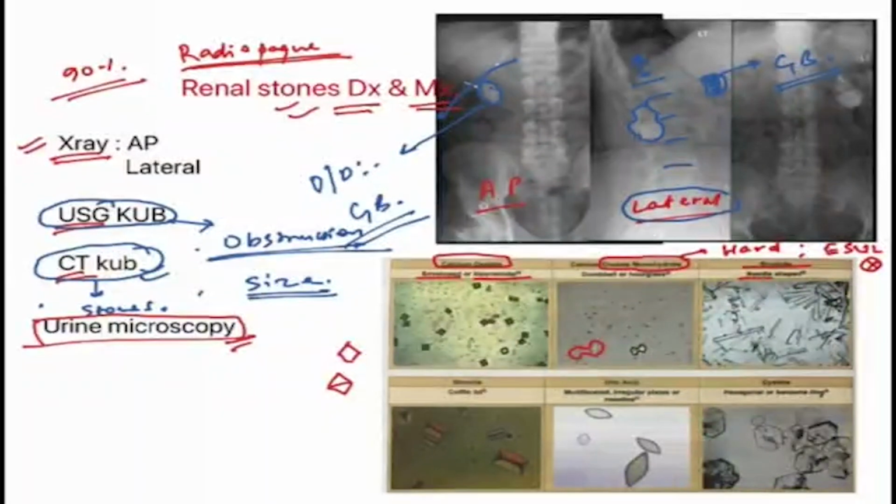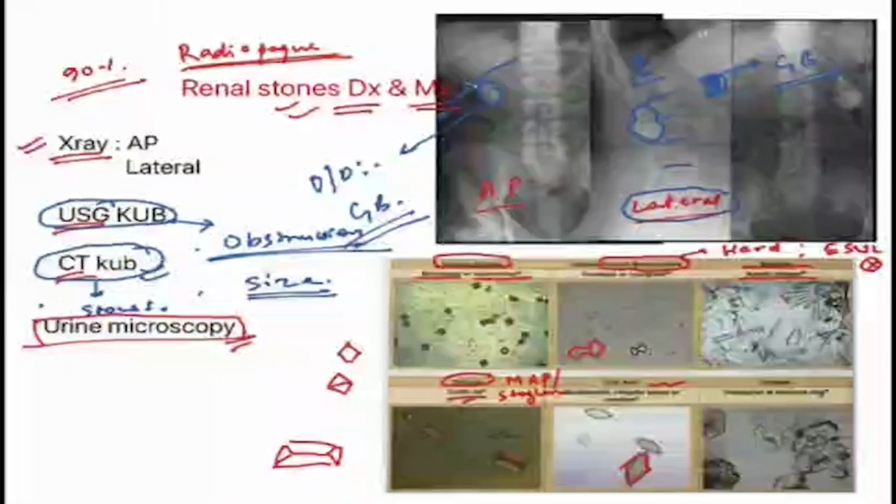Then we see the brushite stones which are needle shaped. Struvite stone, also called triple phosphate stone or staghorn stone, when seen under the microscope, is like a coffin lid. Then uric acid stones are multifaceted, irregular plate or rosette shaped stones.